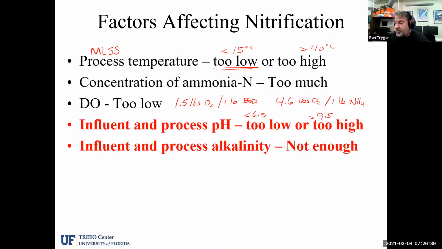The next one is extremely important as well, because the alkalinity provides a carbonate source or carbon source to these nitrifying bacteria. Nitrifying bacteria are a specialized group of bacteria that we call autotrophs. An autotrophic bacteria can make its own energy from a chemical source.